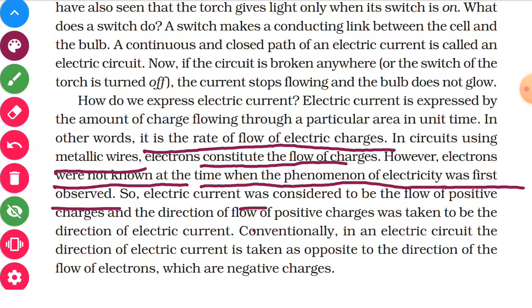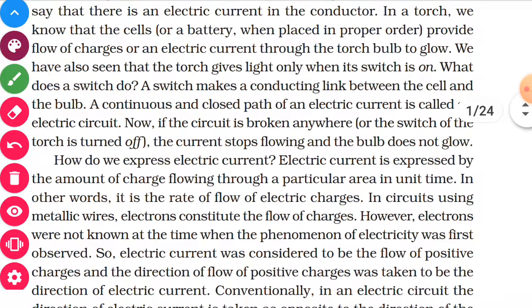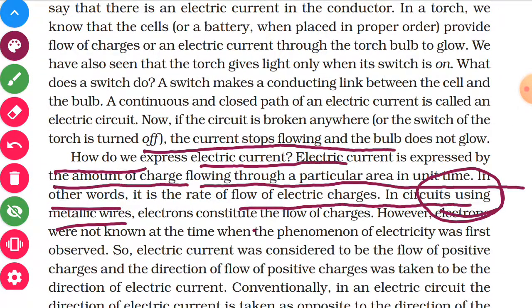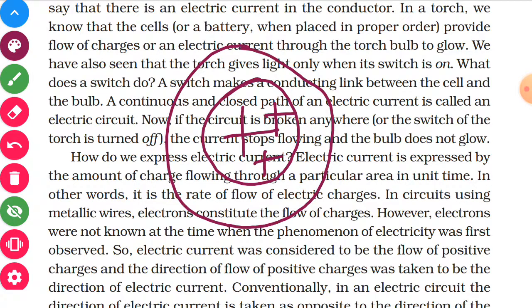So electric current was considered to be the flow of positive charge. It was earlier believed that positive charges are flowing and are responsible for the flow of electric current. But as you all know nowadays, positive charges are found in the nucleus, and the electrons are in the different orbits.